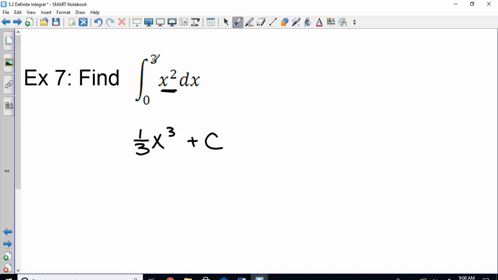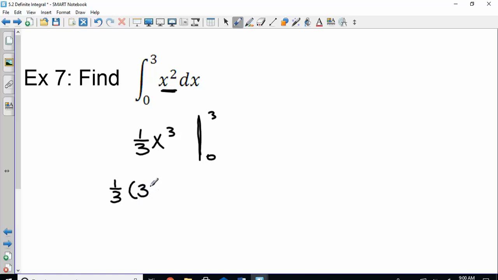Now, I always told you you had to put a plus c with that. If you have a definite integral, you can actually leave off that plus c. I'm going to show you why in just a second. We need to evaluate this from 0 to 3. So what I usually do, after I do the antiderivative, I put a vertical bar at the end to show me my limits.